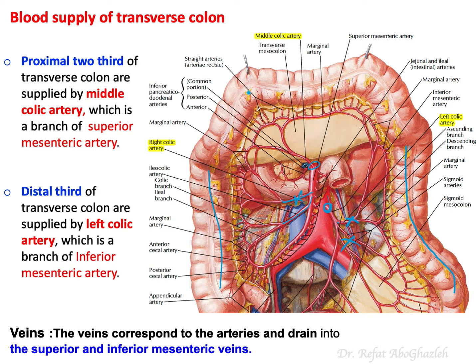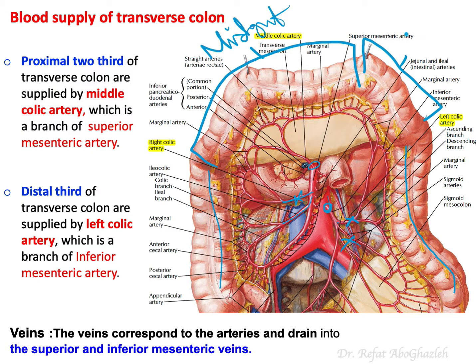Now jump to the transverse colon. From embryology, you know that the proximal two thirds of the transverse colon develop from the midgut, while the distal one third develops from the hindgut. The blood supply of the midgut comes from the superior mesenteric, while structures developed from the hindgut are supplied by the inferior mesenteric.